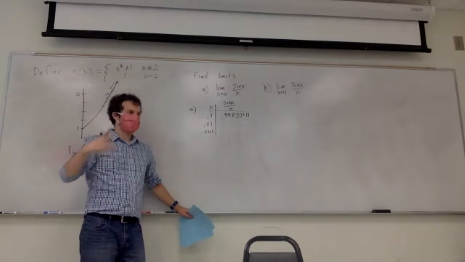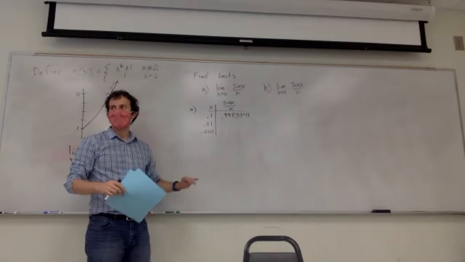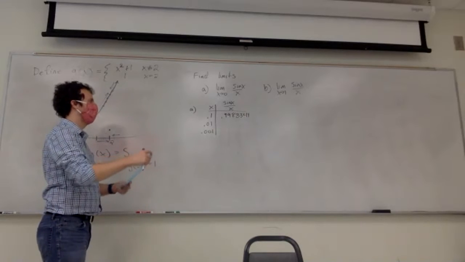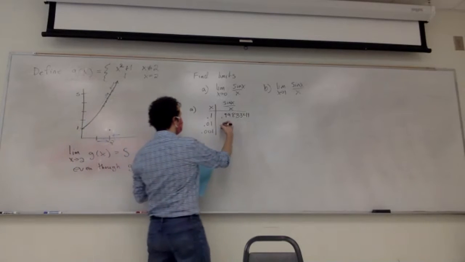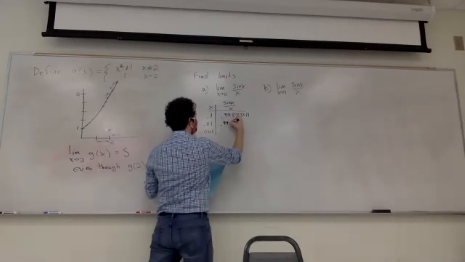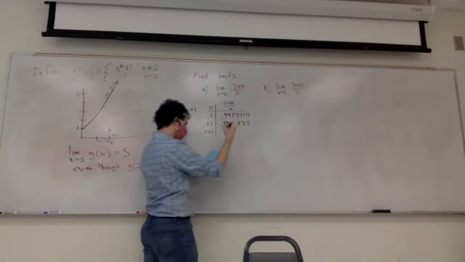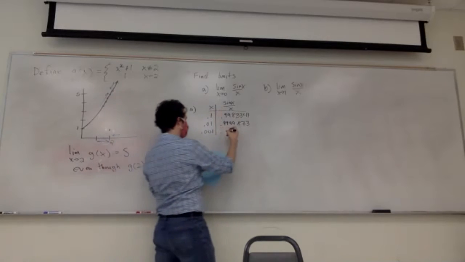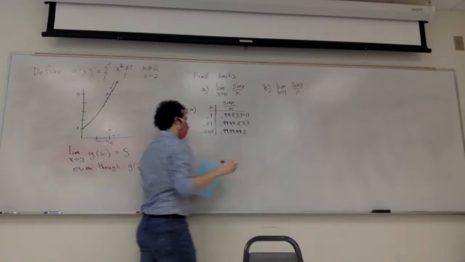Also, for the remote viewers, all these lecture notes are posted, so you have what I'm writing down if you're worried you didn't copy it correctly. Okay. For 0.01, it's a bunch of decimals too, 0.9999833. If we put in 0.001 into sine x over x, 0.9999998.